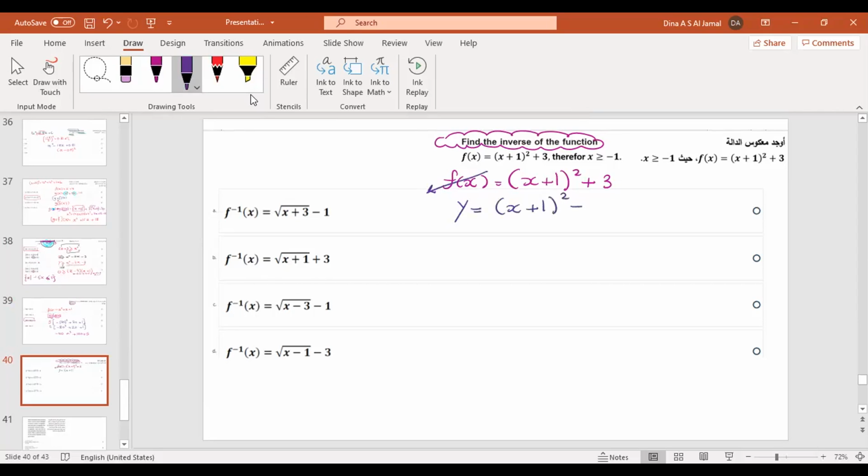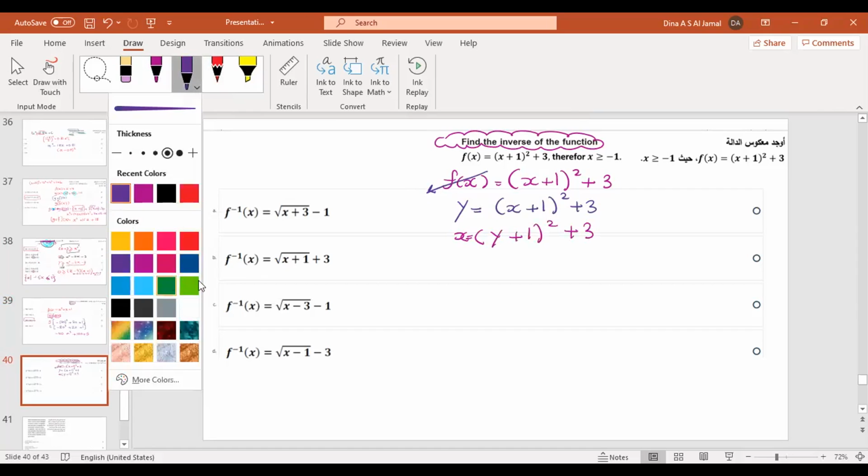Then imagine that you are having a mirror and exchange, or switch, between the y and the x. So it will be x is equal to (y plus 1) all squared plus 3. Now you will be solving for y. You will be solving everything for y.